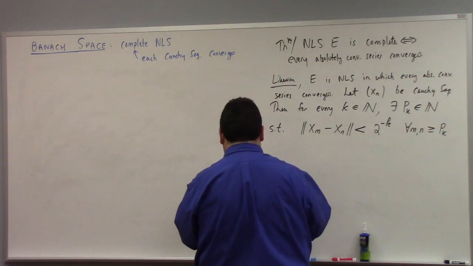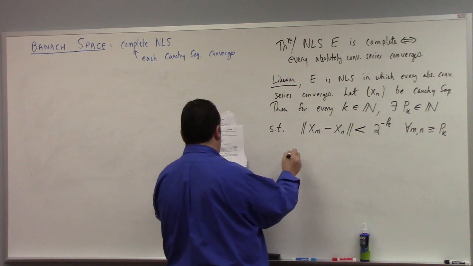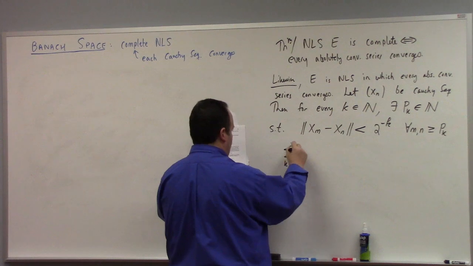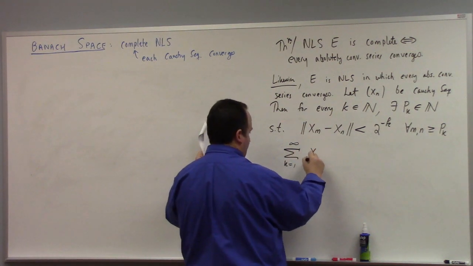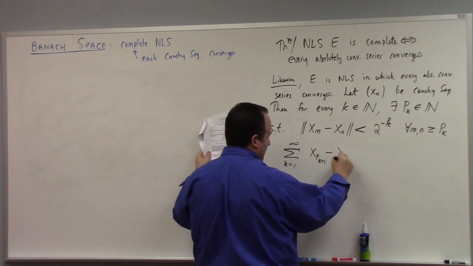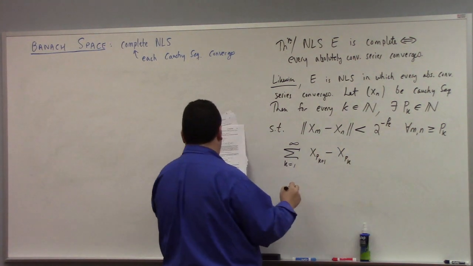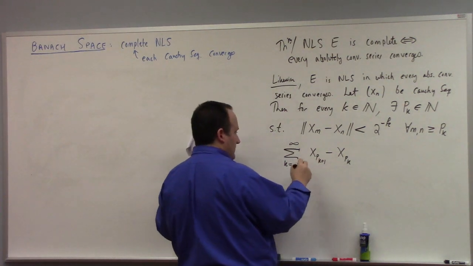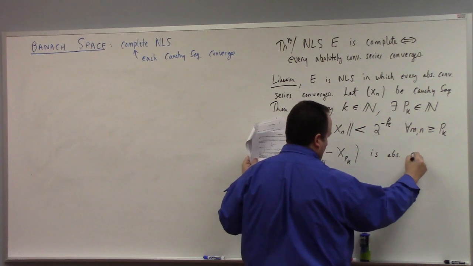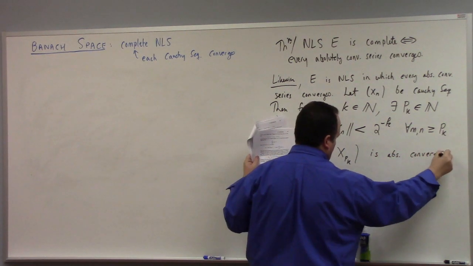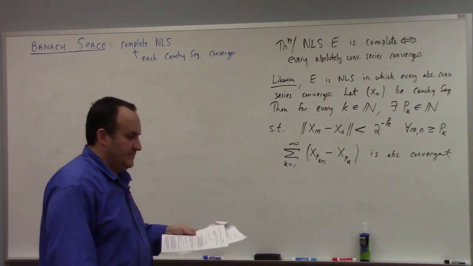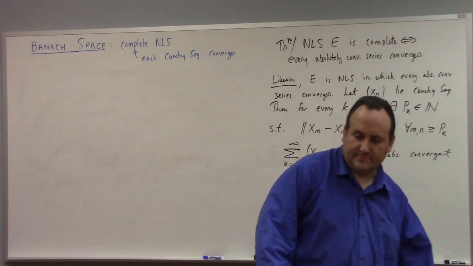So then he says the series k equals 1 to infinity of x_{p_{k+1}} minus x_{p_k} is absolutely convergent. Do you believe that? Why is it absolutely convergent? What's going on here?